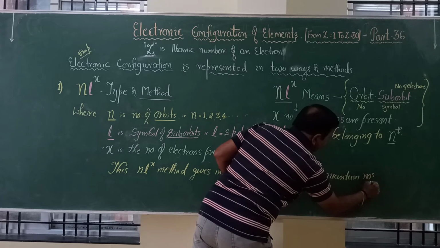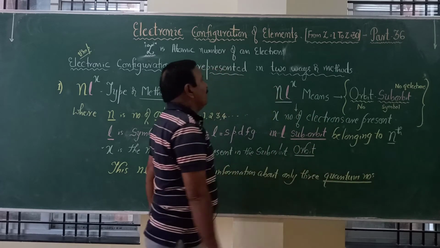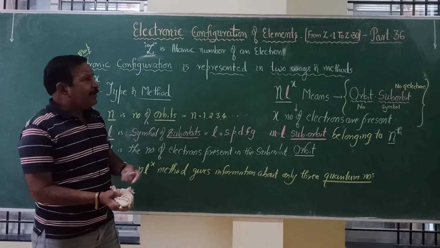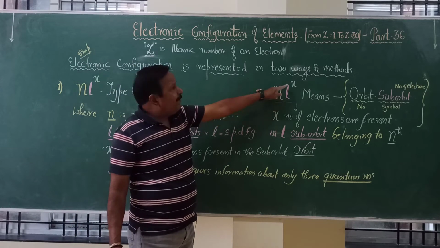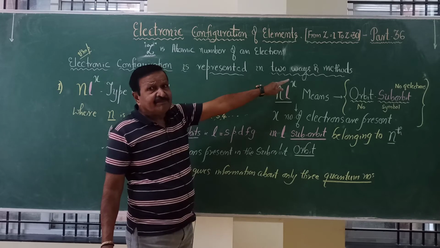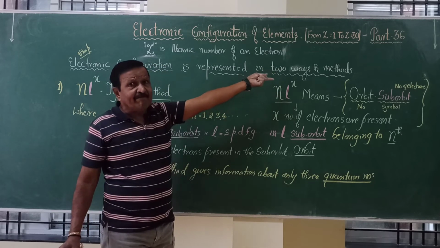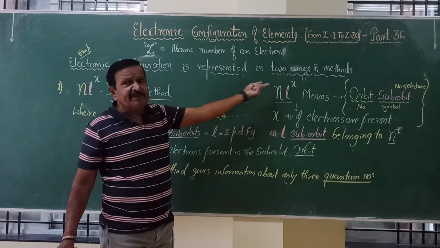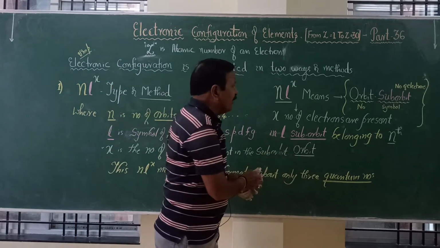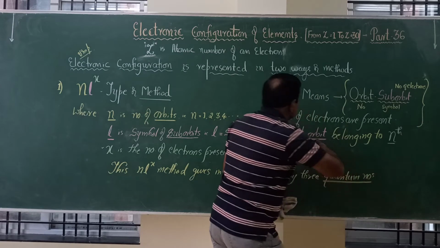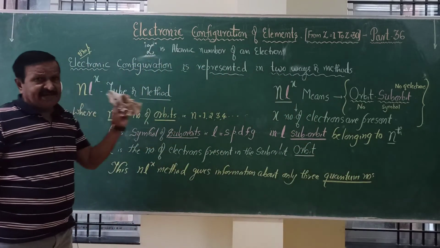Because we can know L, and depending upon the number of electrons, orientation we can know. Okay? 3 electrons means px, py, pz. So we only get 3 quantum numbers, that is N, L and Mx.